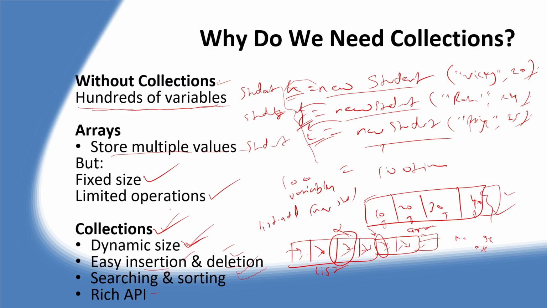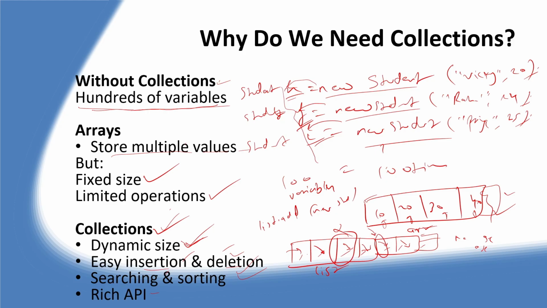So I will give you one more example. Imagine storing the names of 500 employees. Now, creating 500 variables is not practical, right? So array will solve this problem to some extent. How? Arrays have fixed size. It will create 500 employees and it will give limited functionality.